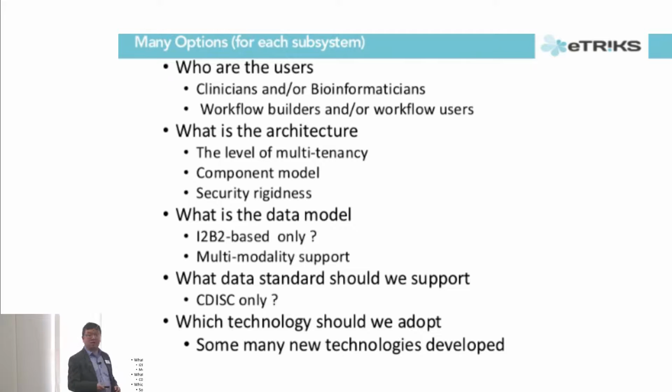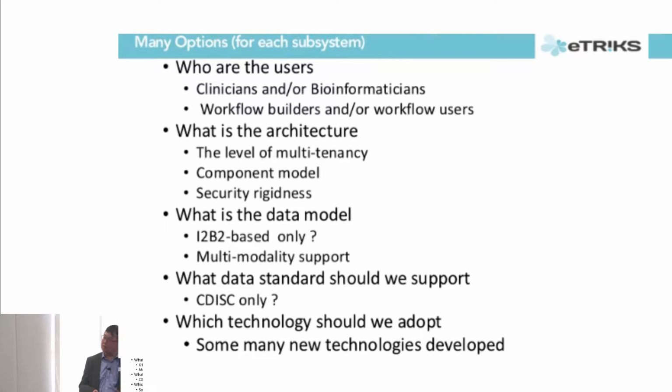We also talked a lot about architecture. Should we make the system plug-in based, service-based, or really a data warehouse? And what kind of component model should we adopt? Coming to the data model, even security has a lot of choices. The data model is i2b2 based only, so what about the others?